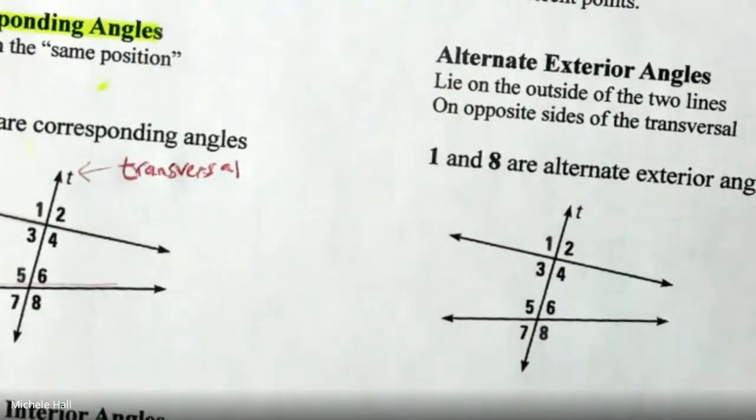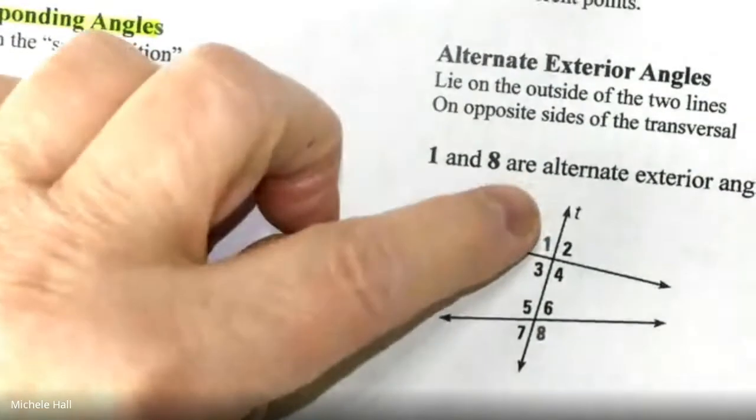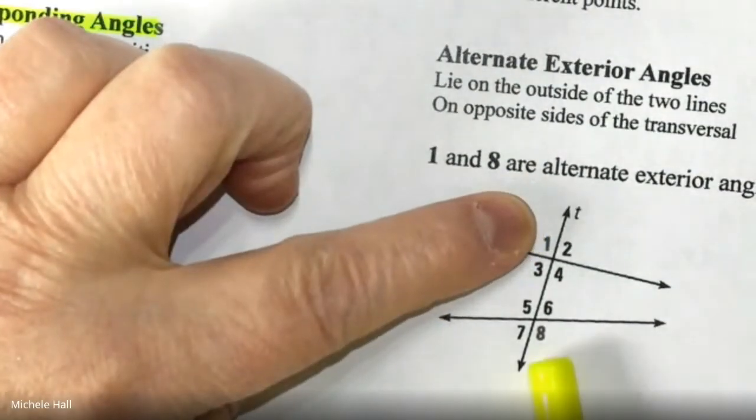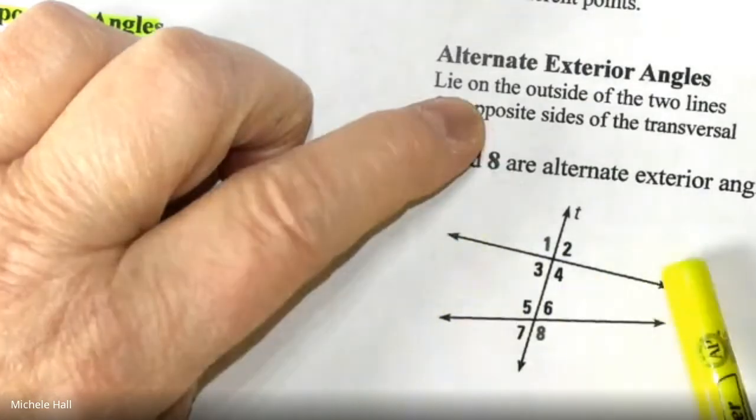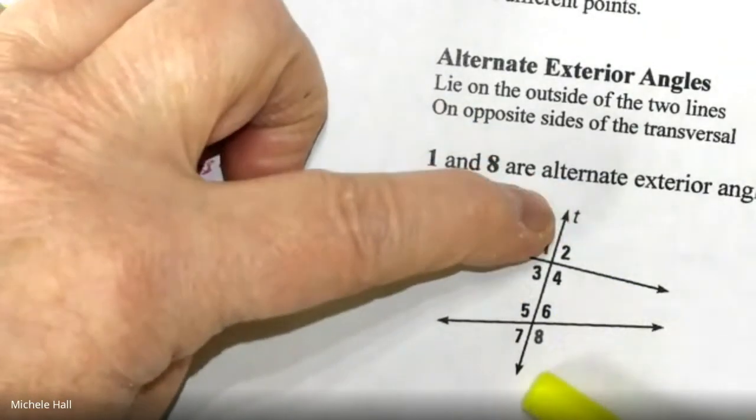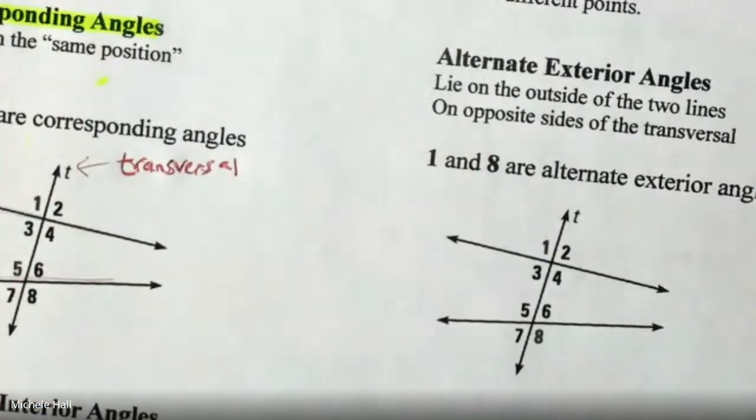All right, it says that 1 and 8 are alternate exterior angles. 1 is on the left, 8 is on the right, and they're both on the outside of these 2 lines, of the skew lines. So 1 and 8 are considered alternate exterior angles. How many other alternate exterior angles? We had 4 corresponding angles.